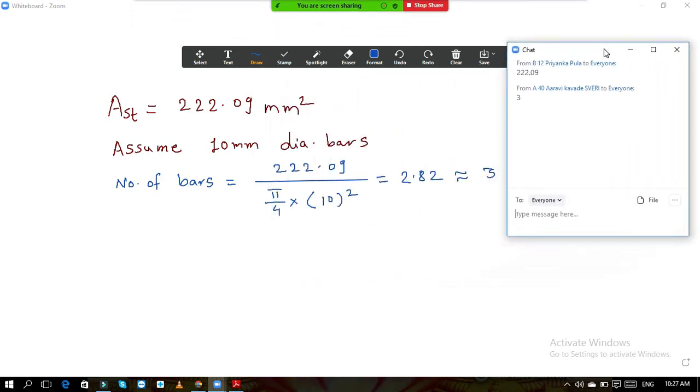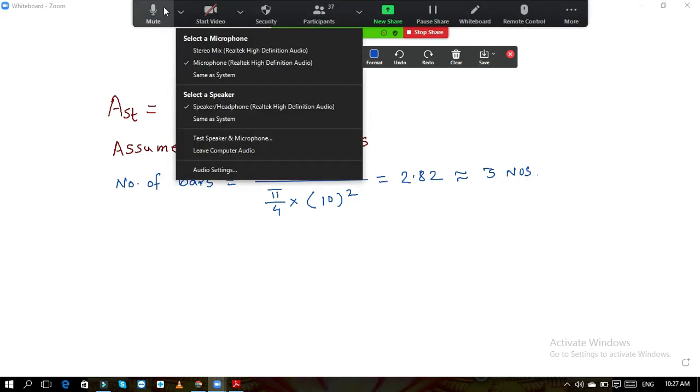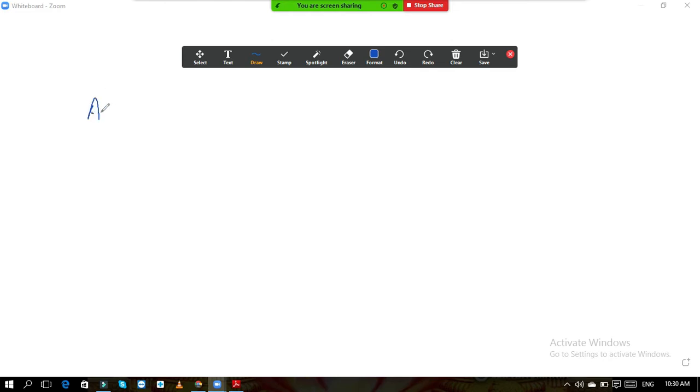Now, after the calculation of number of bars, we will calculate the Ast provided. We are going to provide 3 bars of 10 diameter. Ast provided is equal to 3 bars each of diameter 10.